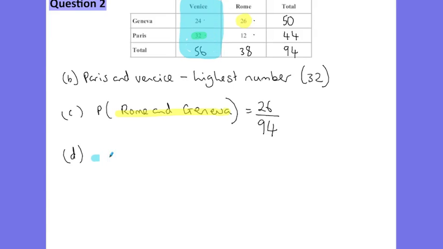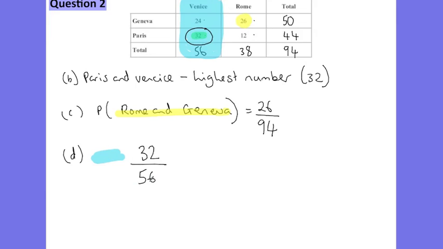So, given they chose Venice, visited Venice, therefore our probability is out of 56. We know that we're selecting from random from those people that were in Venice, 56 of them. How many of them also visited Paris? We have here our value for Paris, so 32 out of 56.